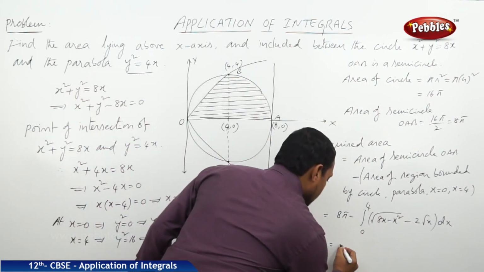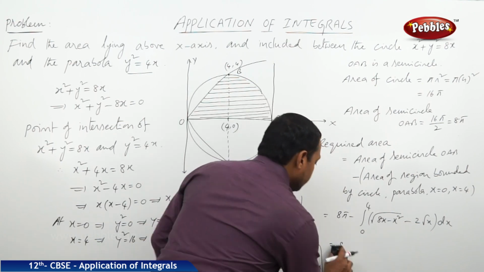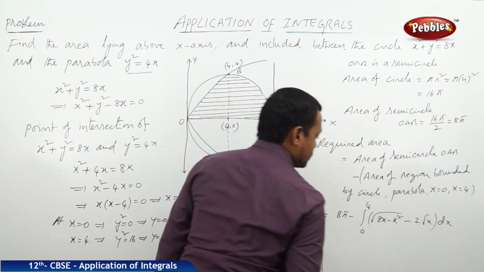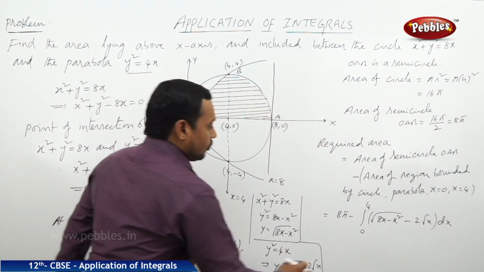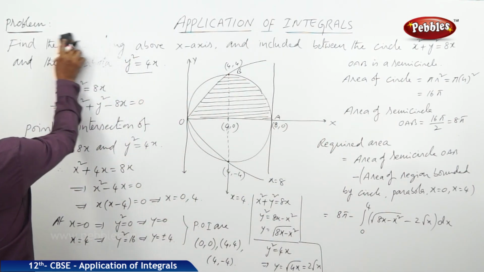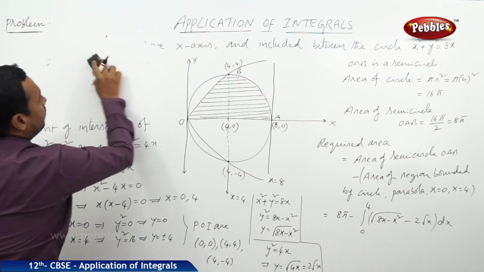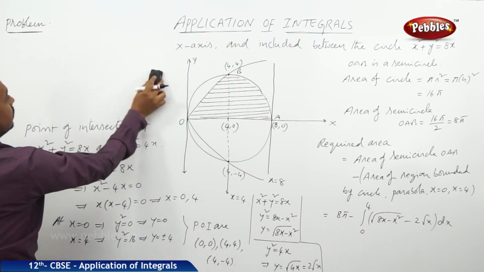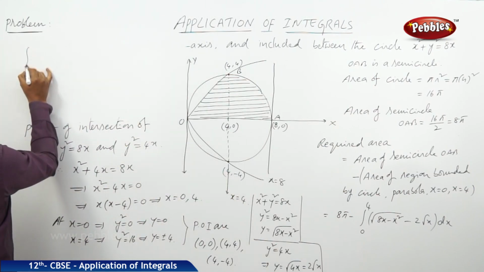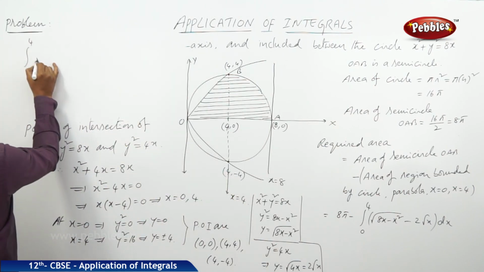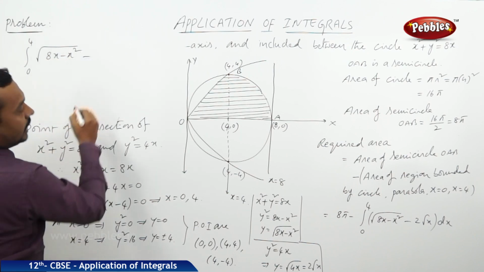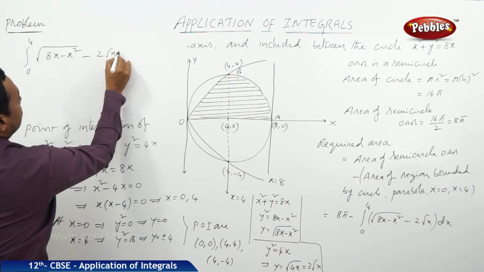But here you see 8 pi. Now let us find the integral value of this function first. I am taking that function separately: integral 0 to 4 root of 8x minus x square minus 2 root x dx.